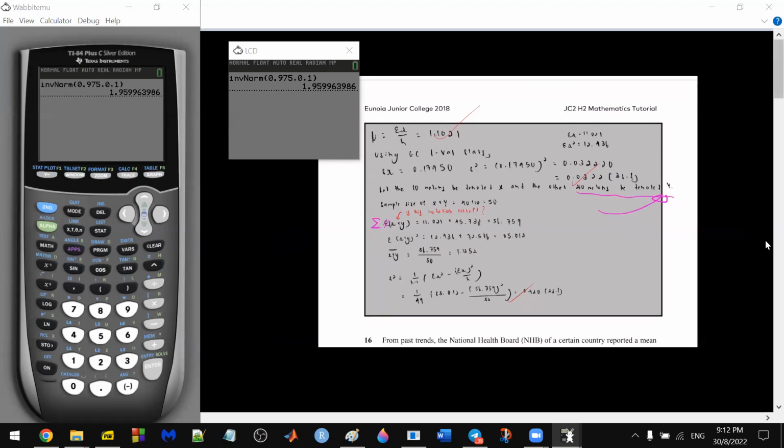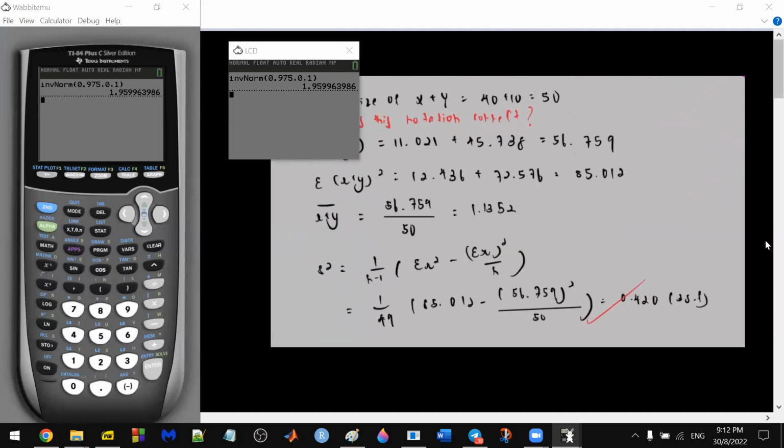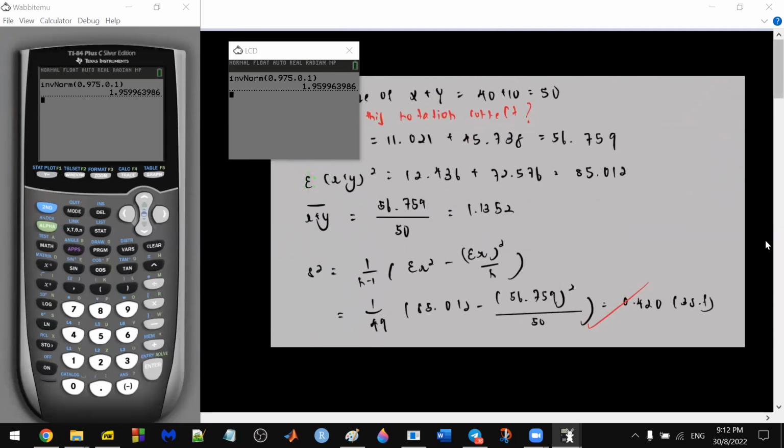Let me explain. This part here, what you meant to write was a summation, right? Sum of x plus y bracket square, you can expand this square, then you end up with x squared plus y squared plus 2xy. That's very problematic because for 2xy, you need to take the summation, which is a bit difficult or impossible to calculate here.